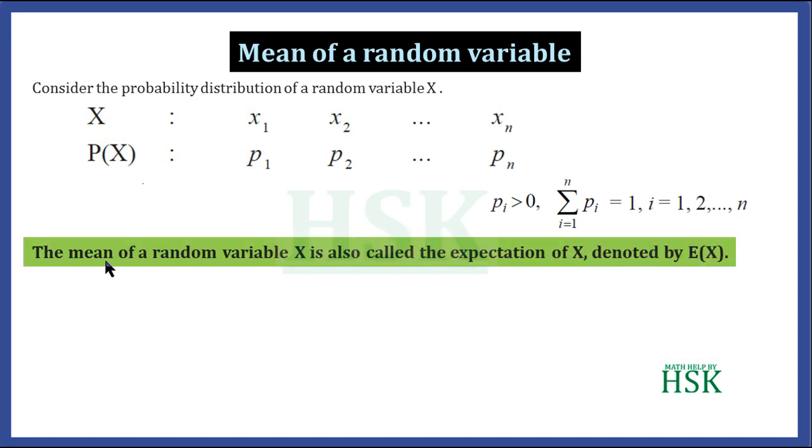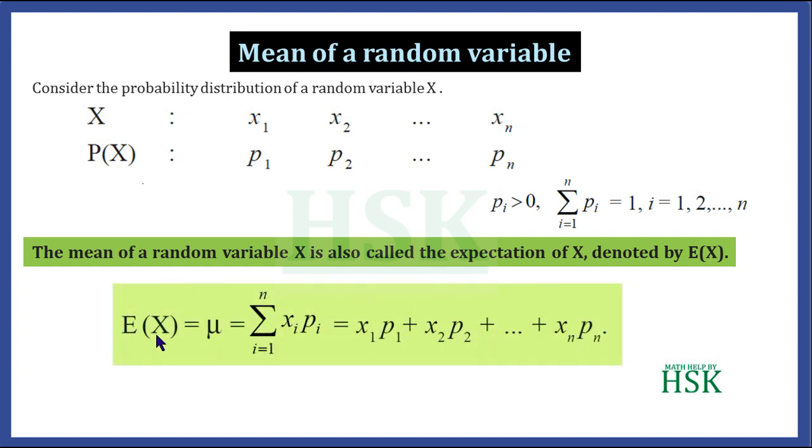Now, the mean of the random variable x is also called the expectation of x, and it is denoted by E of x. So we have another name for the mean of a random variable x, that is the expectation of x. Expectation of x is equal to mu. It is represented by mu.